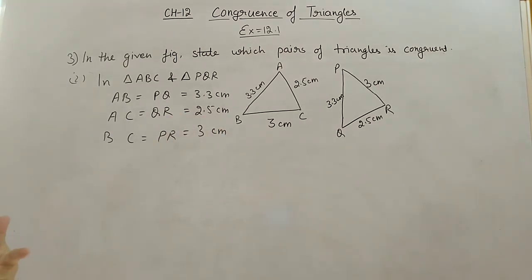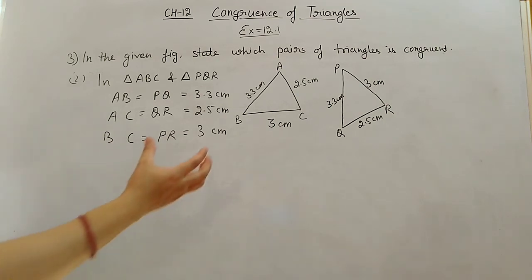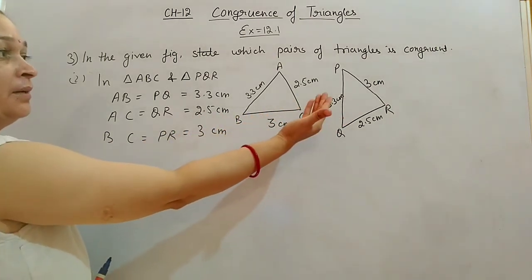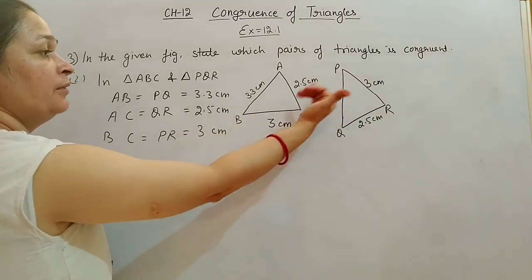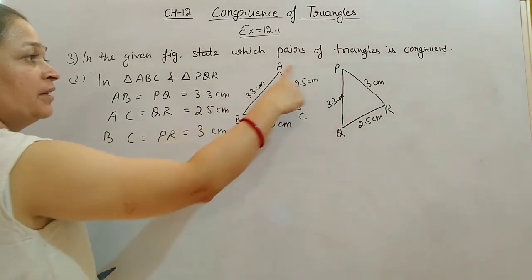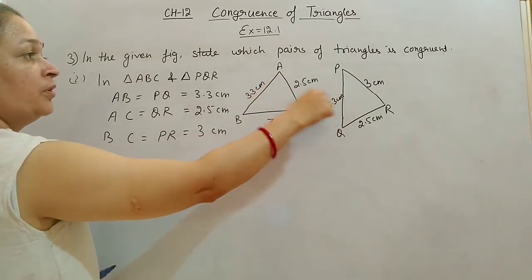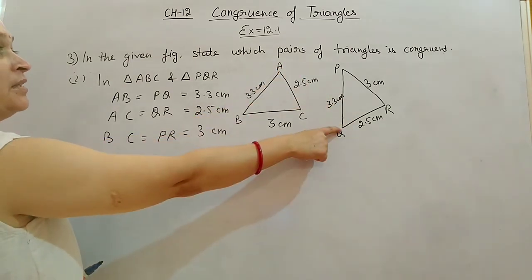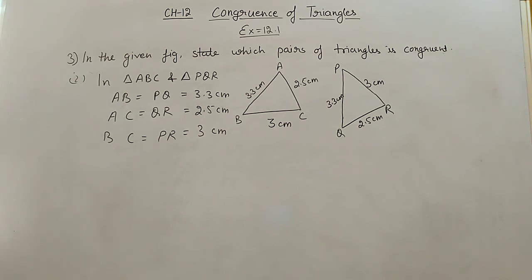Now you have to see which points are corresponding to each other. If you overlap these two triangles, you have to take this triangle up and flip it first and then keep it here. So which point will come on which point? This 3.3 line will come here. This 2.5 will go there. It means this Q and A will overlap each other.